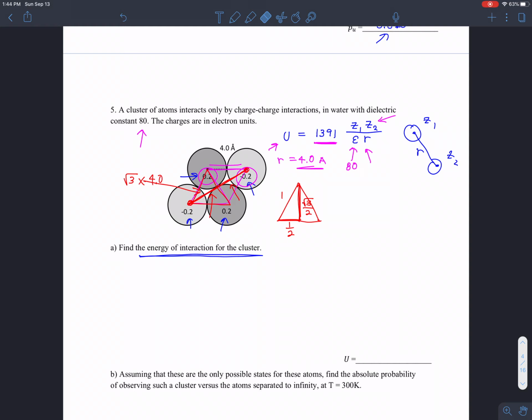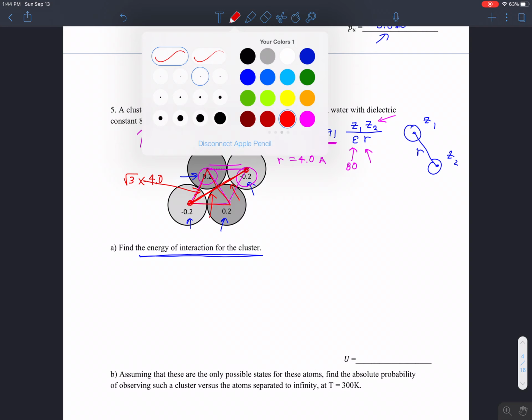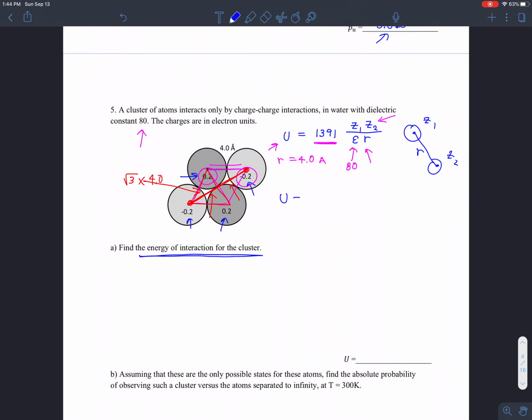All right, so then altogether, our energy of interaction is going to be U equals 1391. Well, let me write it all out long. 4 times 1391 times, this pair is 0.2 times minus 0.2 over 80 times 4.